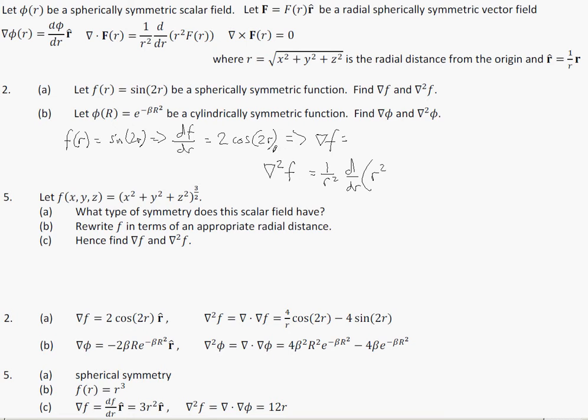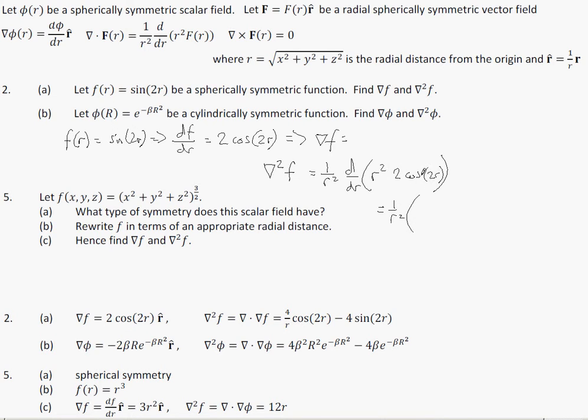So our f of r is this 2 cos 2r. Because we've got a product there, we need to use the product rule. So the 1 upon r squared we can write down here, and then we need to apply the product rule.